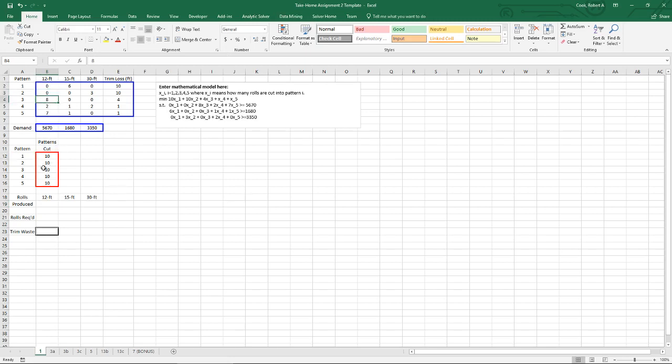But we get 8 times 10, 80 from pattern 3, 2 times 10, 20 from pattern 4, and 7 times 10, 70 from pattern 5. So that should be about 170 rolls. And what I just described is, of course, a SUMPRODUCT function. So I'll go ahead and type that in. And like we predicted, it is 170 feet.